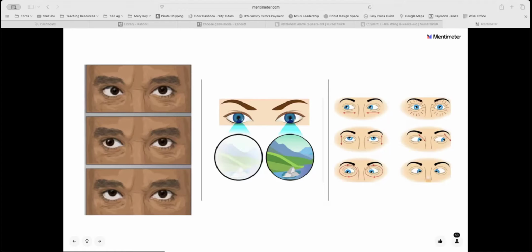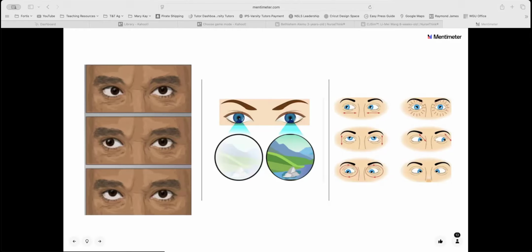Is the question how is nystagmus corrected or the other two, amblyopia and strabismus? The amblyopia. Okay, so both amblyopia and strabismus are going to be corrected the same way. Because we've got one weak eye and one strong eye, we are going to patch or cover that strong eye, and we are going to force the muscles in the weaker eye to get stronger.